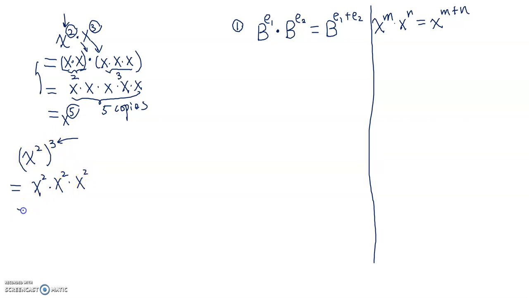Now, after we do that, we can use the definition of the exponent again. This 2 means 2 copies of x, and this x squared again means 2 copies of x, and that square means 2 copies of x. And together, as you can see, we have 6 copies of x, so we got x to the 6. And this time we didn't get 5, we got 6.